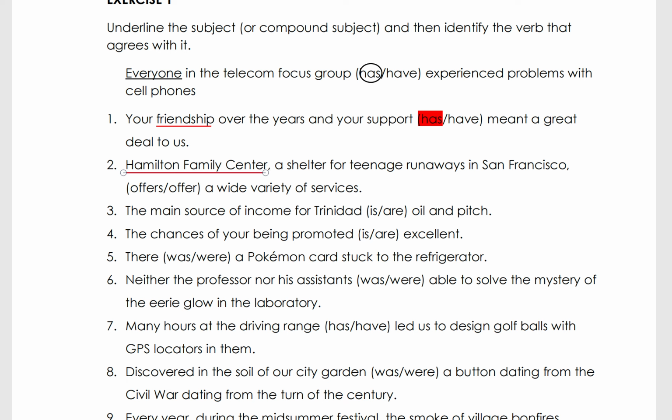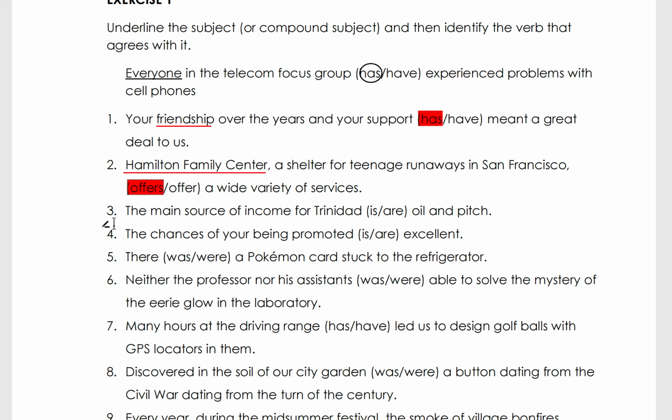Then we know that the answer is offers. So the answer has to have s in the end. It needs to agree with the subject, and the subject is singular, and then the verb should have s.